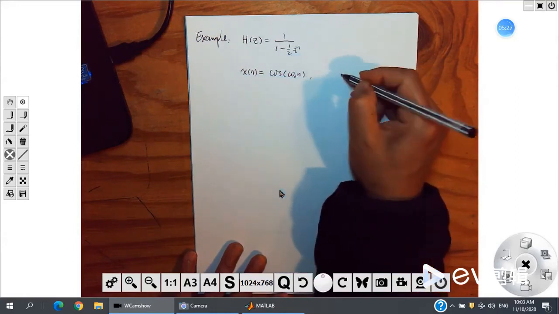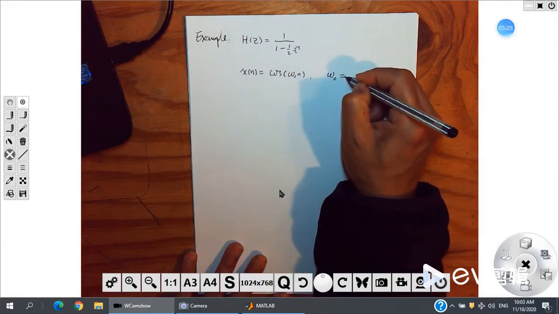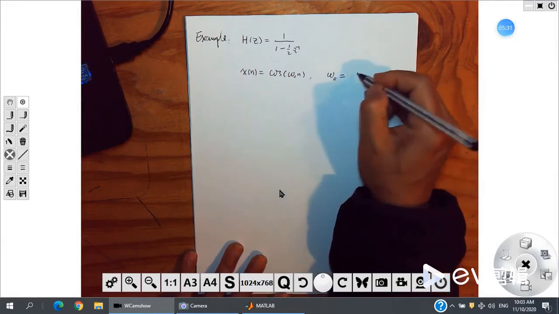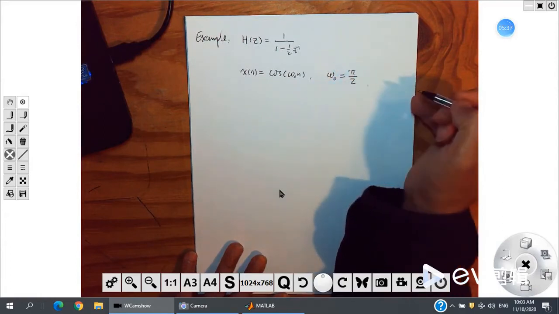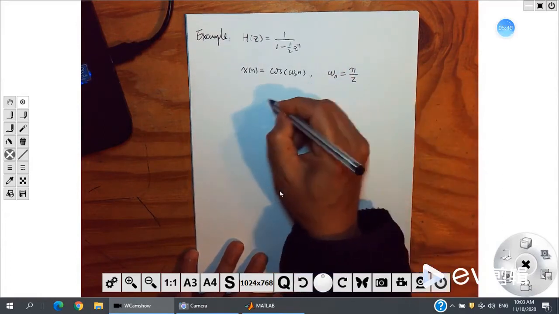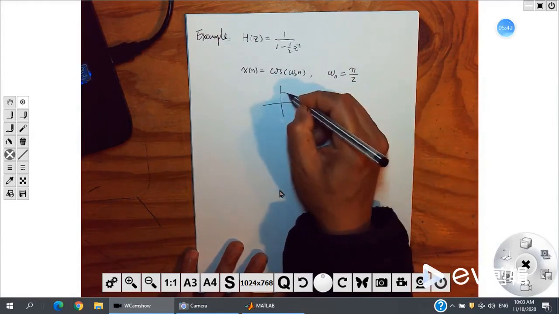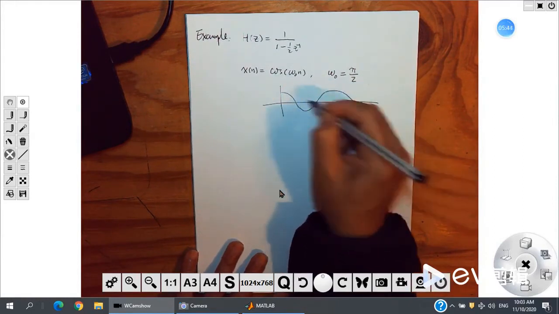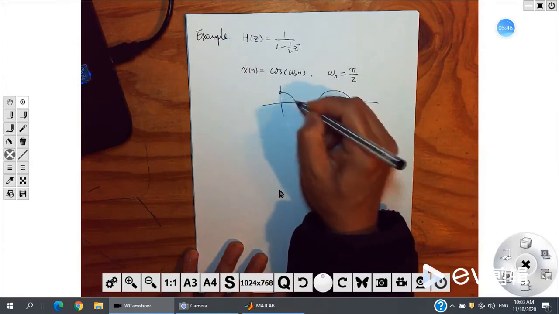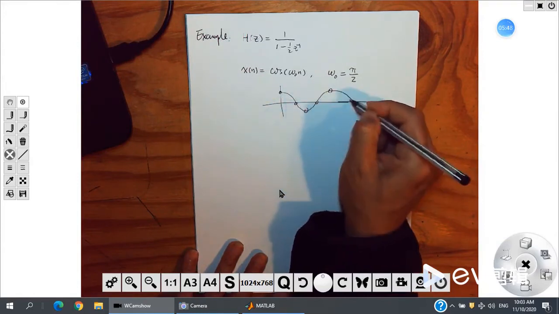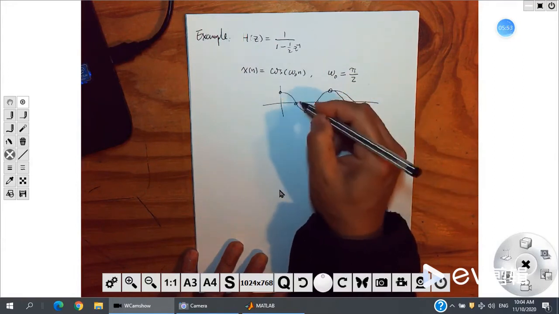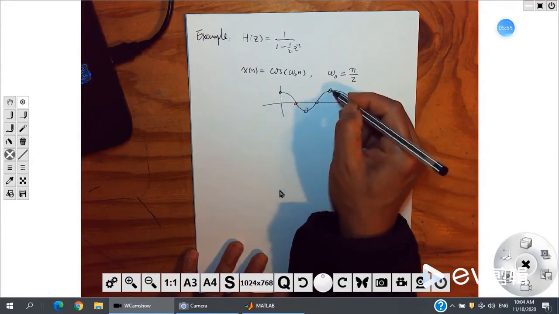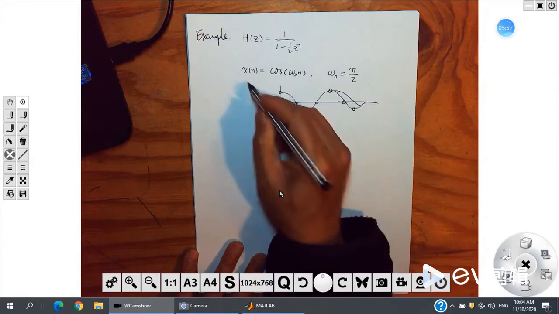I choose omega 0 as, whatever, pi over 2. Then x of n is cosine of pi over 2 n, so we have 1, 0, negative 1, 0, positive 1, 0, like this. This is x of n.